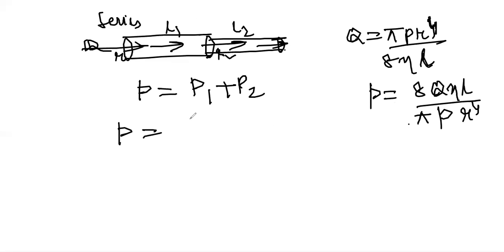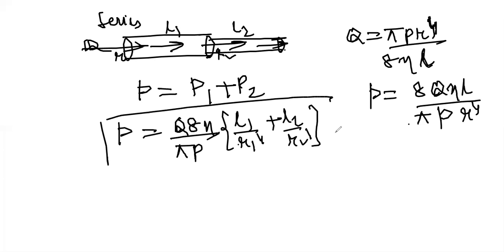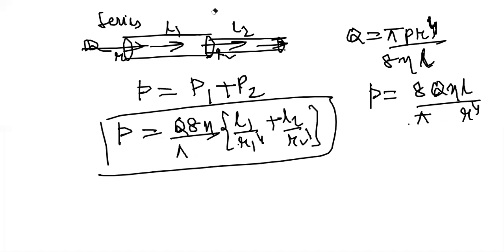So I can write for pipe 1 and pipe 2: P equals 8 Q divided by pi eta, all taken common, times L1 by R1 to the power 4 plus L2 by R2 to the power 4. This is a very, very important relation regarding the pressure.